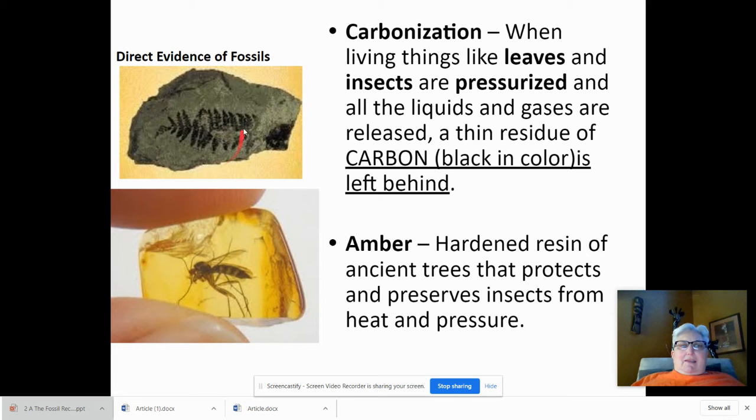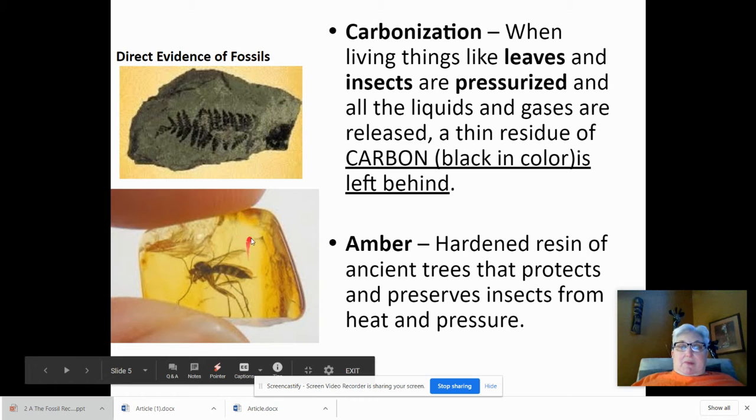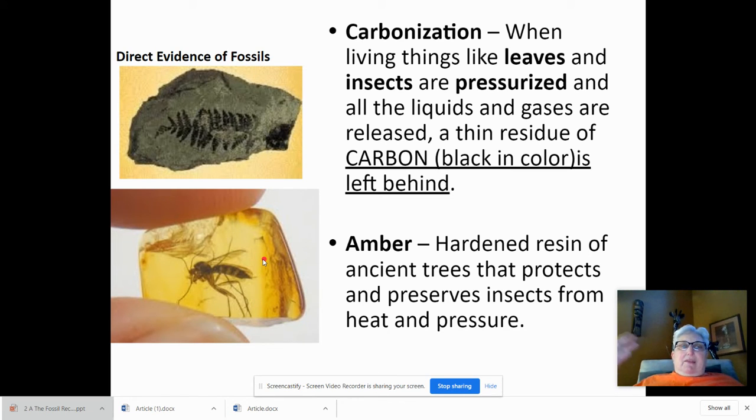Now, this direct evidence, here's the amber with the mosquito inside of it. Amber is kind of a hardened sap that comes from trees, and as it oozes out of the tree, it would trap certain insects.